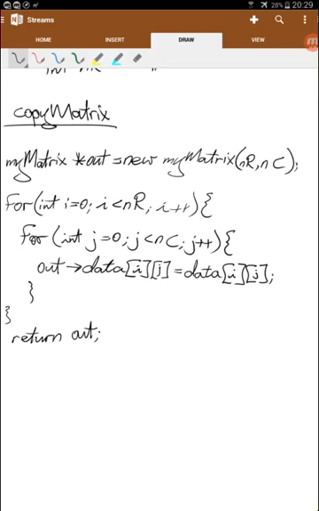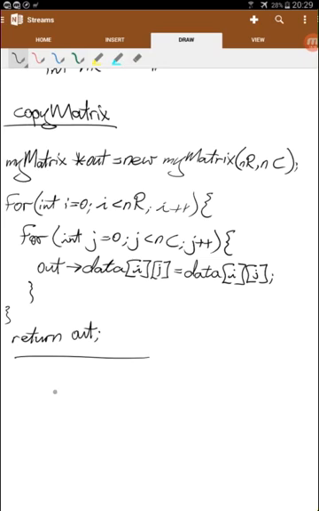Now, it's very important in this case that we have two for loops that iterate over all our data, copying it across into the new array.